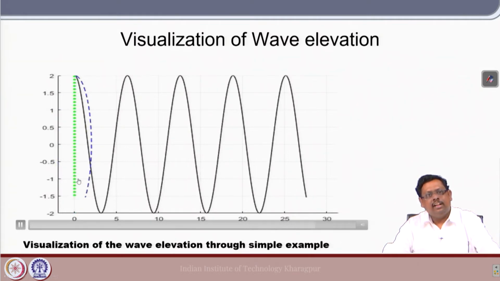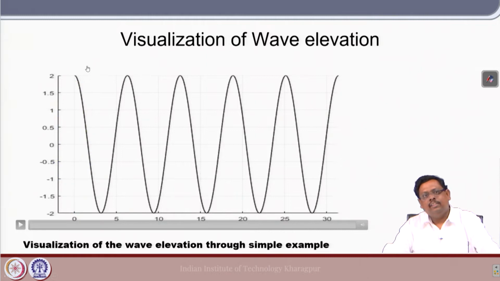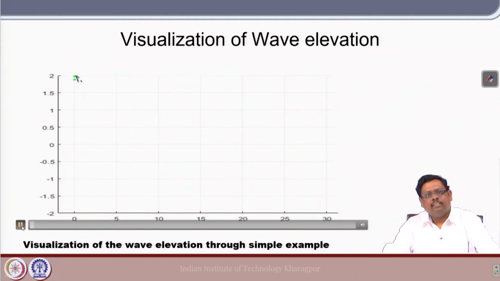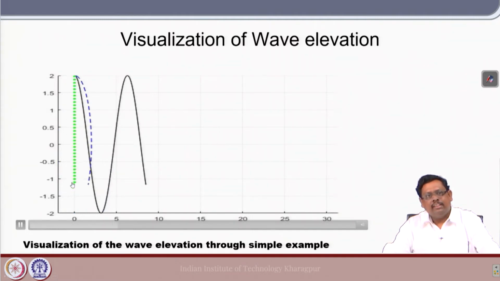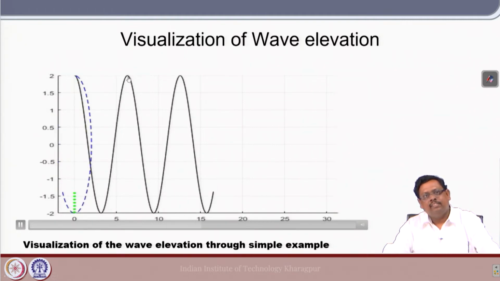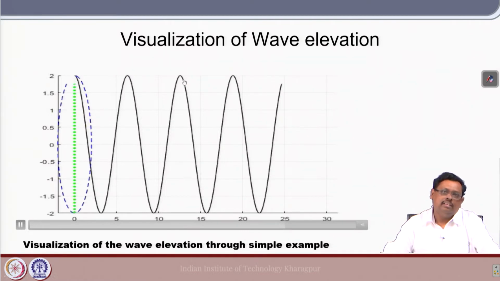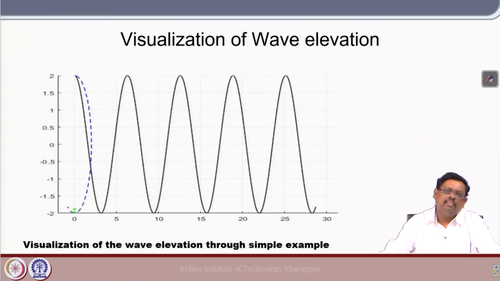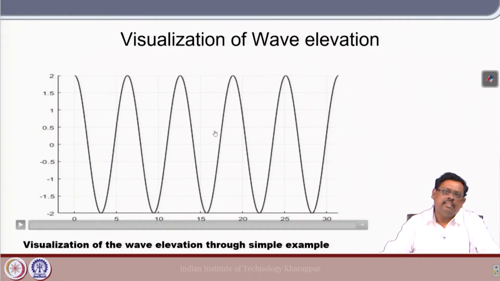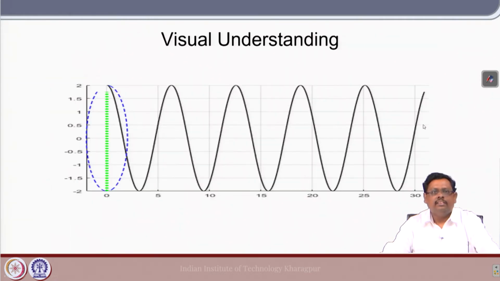This green dot tells you about the wave amplitude, and when it makes the complete circle, that means the green dot comes down and up, the wave travels from this peak to the next peak, right. You can see that. Now, with this visualization, let us move forward.